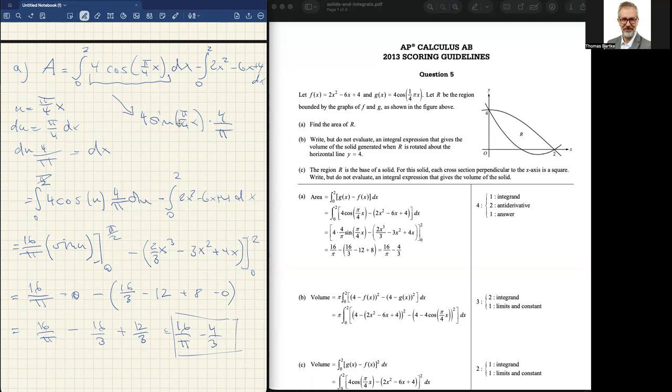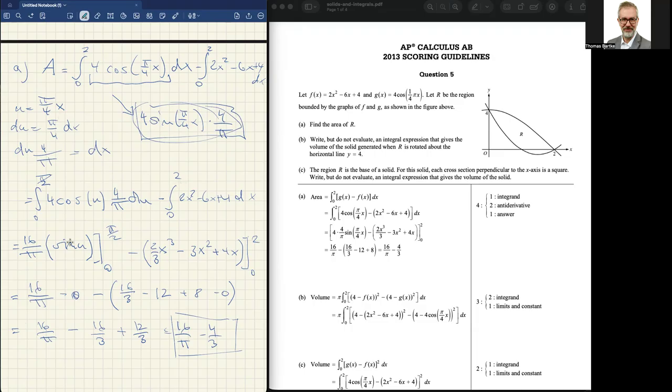Now if you find the derivative of this thing, you get 4 cosine of the inside, and then times pi over 4, that cancels out the 4 over pi, and you get this as a derivative.